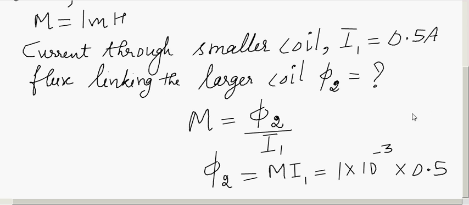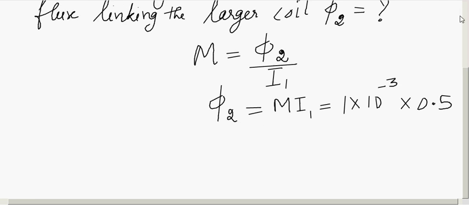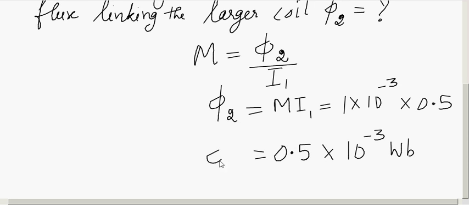The value is 0.5 into 10 to the power minus 3 Webers, or 0.5 milliweber. Phi 2 is 0.5 milliweber.